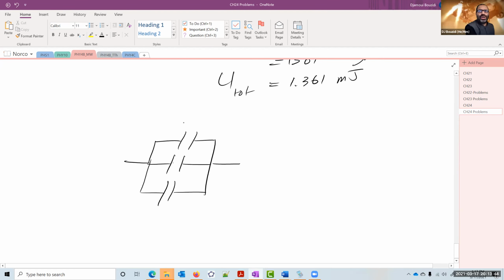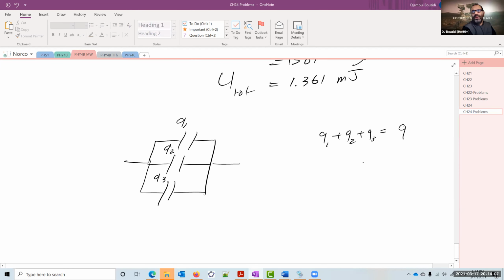So there will be a charge in here, Q1, there will be a charge Q2, and there will be a charge Q3 in such a way that the sum of the three charges is equal to, remember, it's going to be balanced in here in such a way it's equal to Q total.